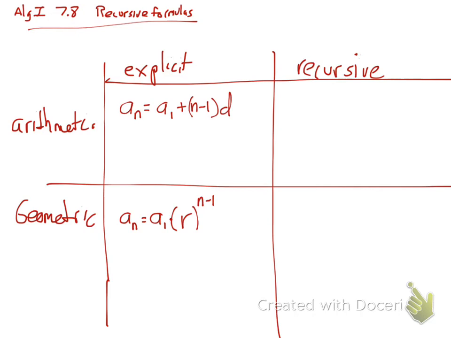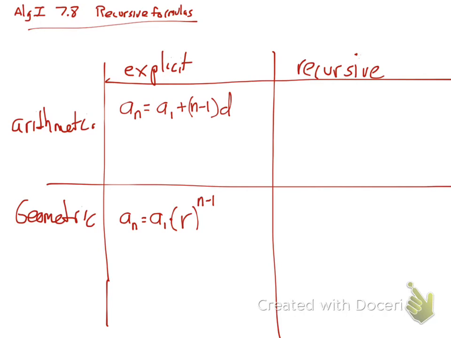This is how you would use the explicit formula. Remember, n is the term we're looking for, a sub 1 is the first term, and d is the common difference. That's not generally the way we look at that equation or the way we're going to see it, so we're going to have to get used to that.